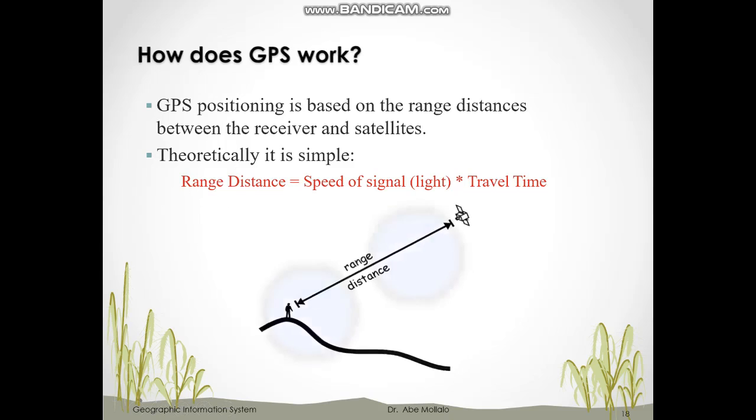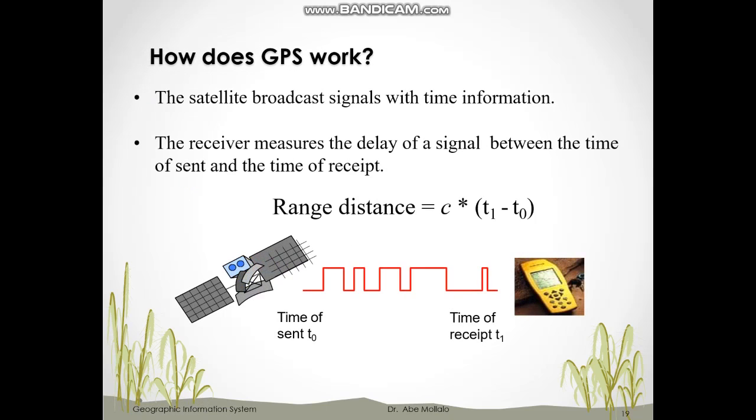So how does this work? The satellites broadcast signals with time information. Basically, the satellites send out a message about the time that the message was sent. So we have the time of sending recorded in the message, and then this message is received by the receiver after a while.